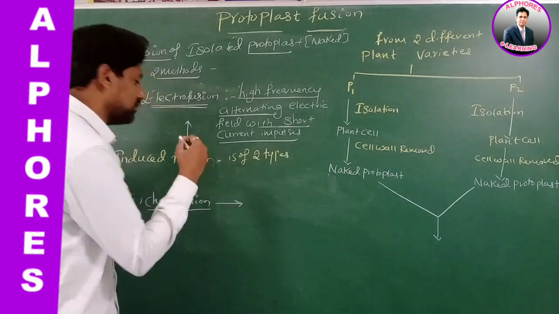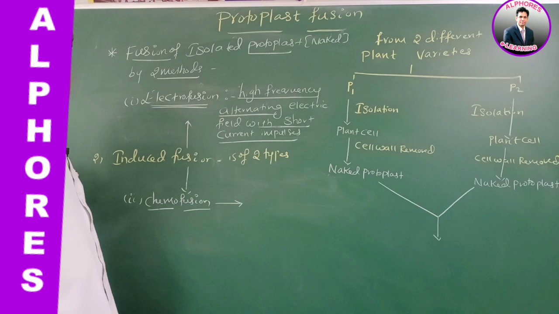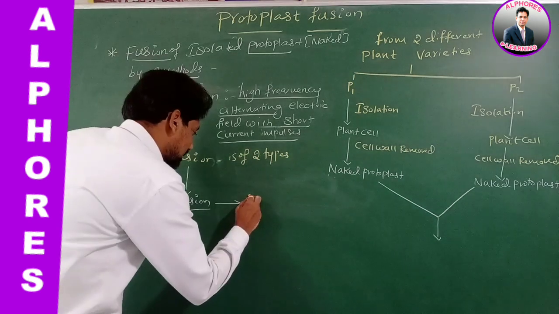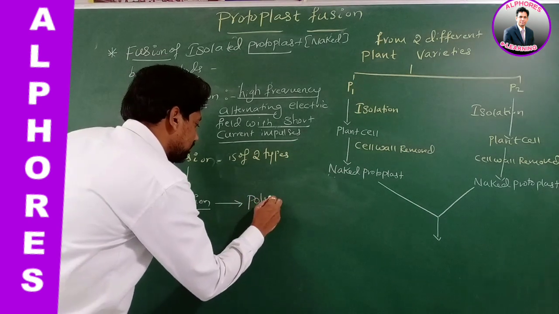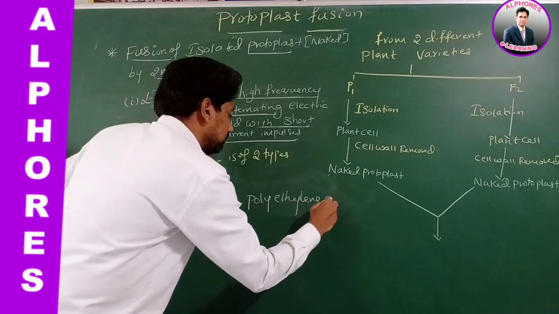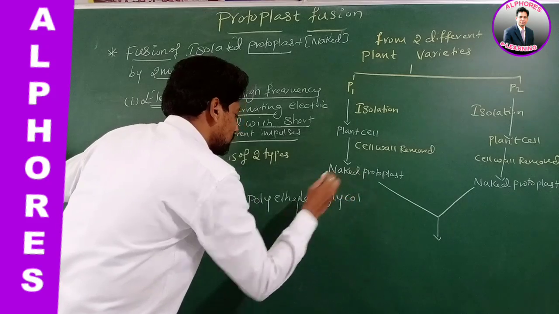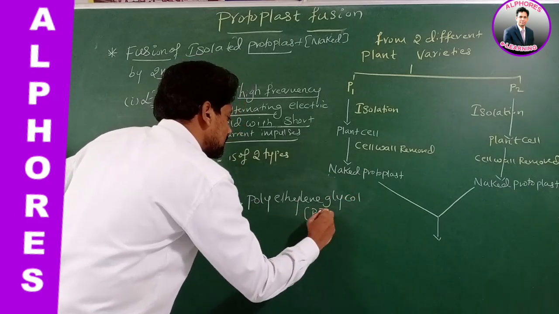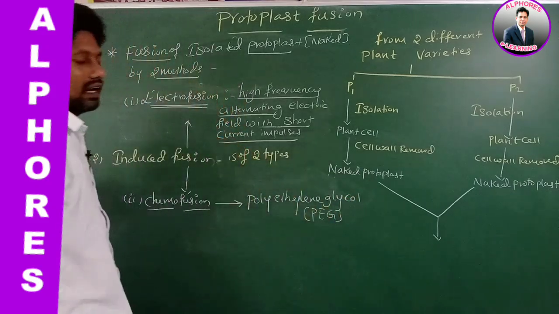Now listen here. During chemofusion, what are we using? Chemicals. What are the chemicals? First one is polyethylene glycol. In short, we call it PEG.